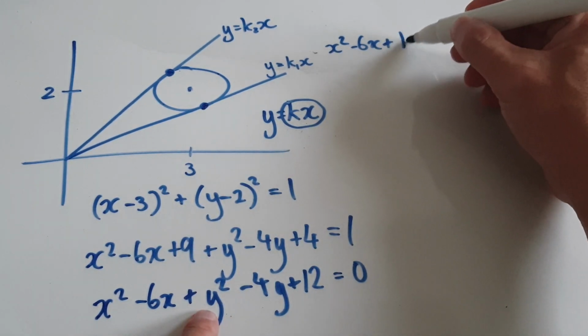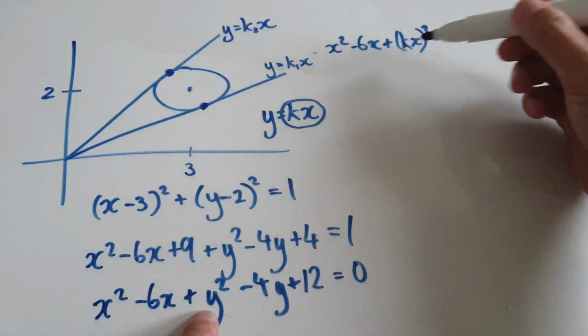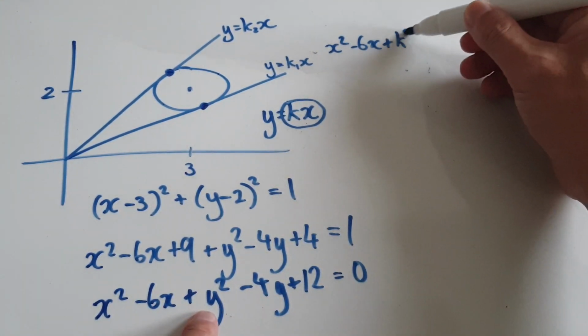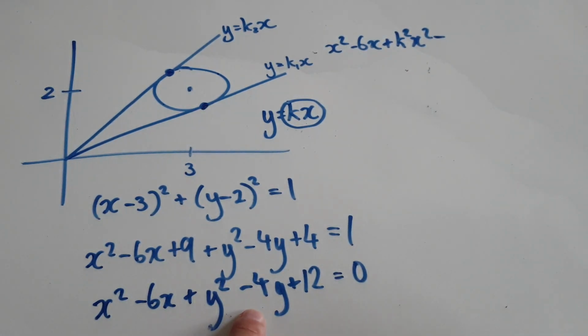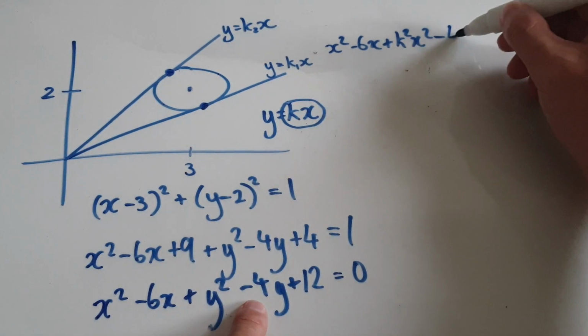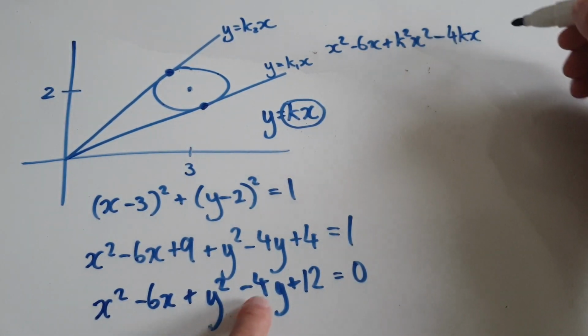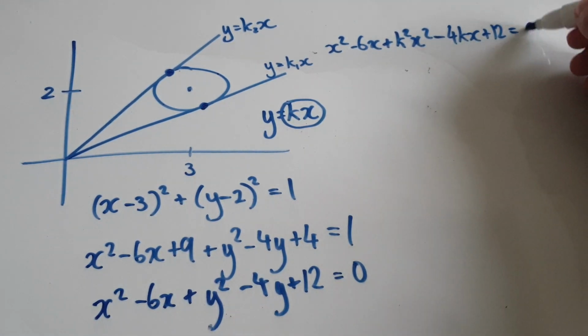Y squared is, remember, y is kx, and then we square it. So this becomes k squared x squared. Take away 4y, 4y is kx, plus 12 equals 0.